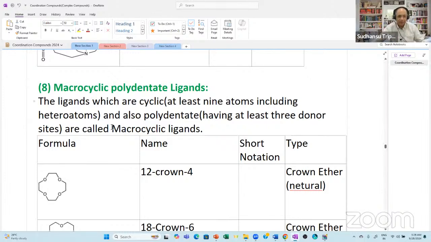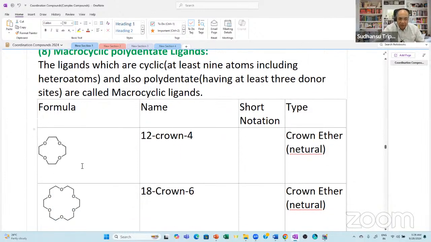Talk about that later. So the crown ethers, the cyclic ethers containing multiple ether links, are called crown ethers. The number of atoms in the entire ring is the first number. There are 12 atoms, including the 4 oxygen atoms. And the last number is the number of oxygen atoms.